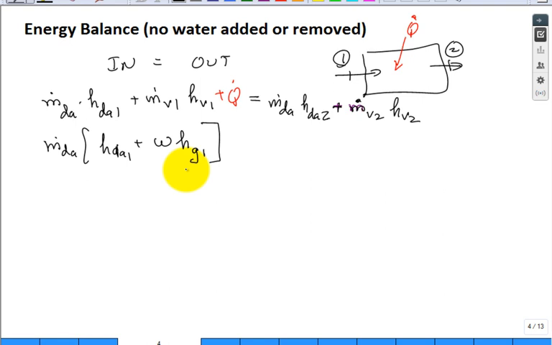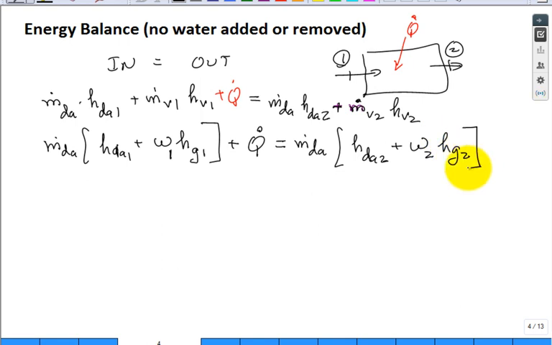So H of G, you look up at T1, and that's the vapor's enthalpy coming in. Okay, keep the Q dot there, equal to the mass flow rate of dry air times the enthalpy of dry air exiting at state 2 plus omega, I should put omega 1, omega 2 here, and then H of G2.